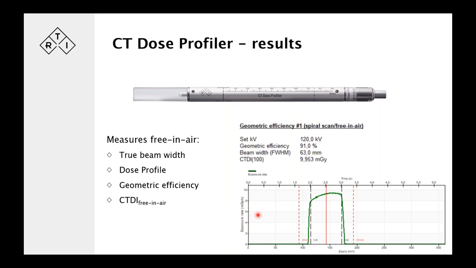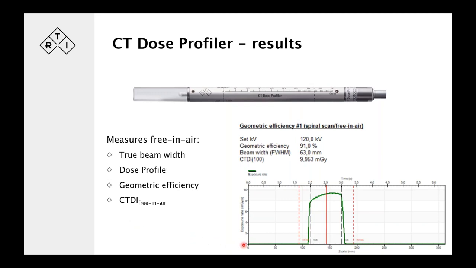And this is the response that we get from the software where we have all that information. The beam width, we can see the heel effect, what it looks like. The geometric efficiency is calculated based on the collimation. We see here it's a 60 millimeter collimation, but we get a beam width of 63.0 millimeters, which is quite precise.